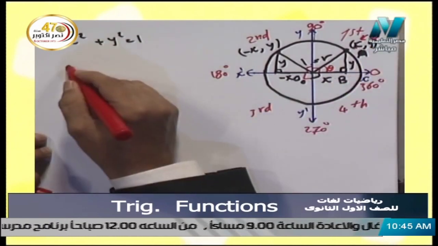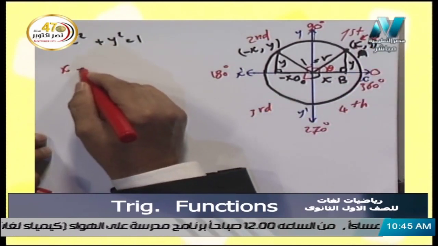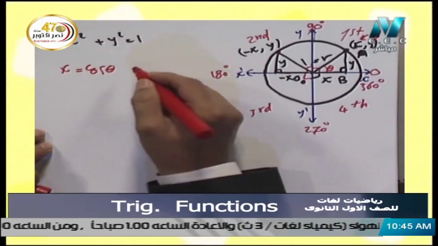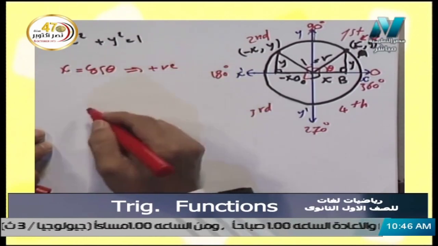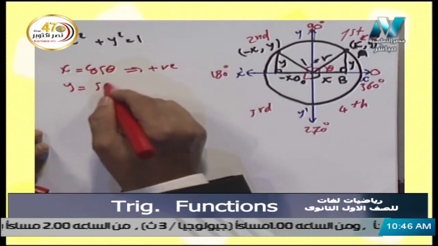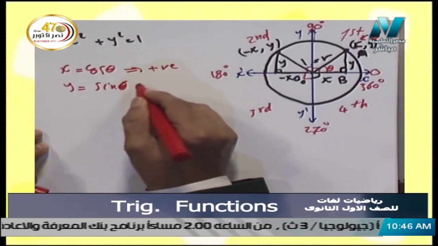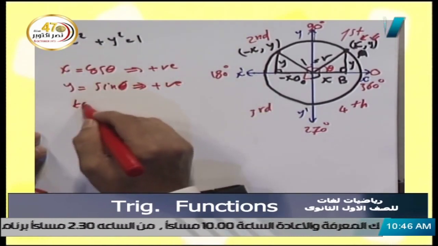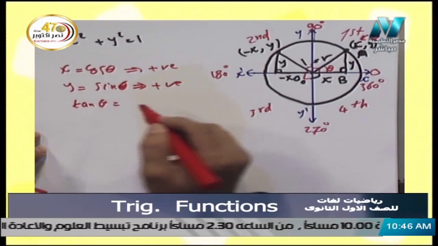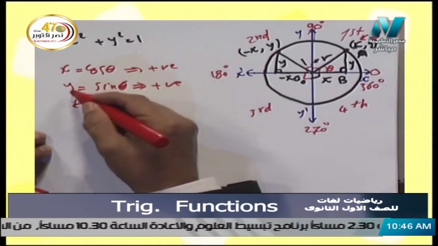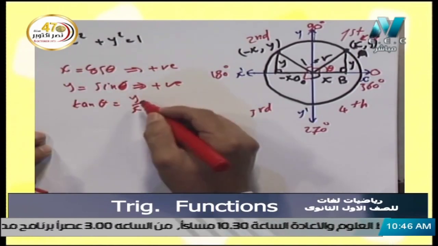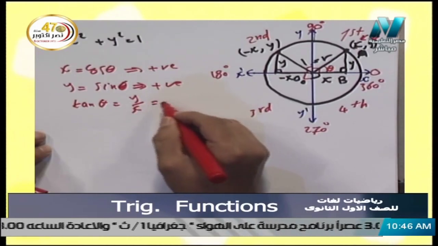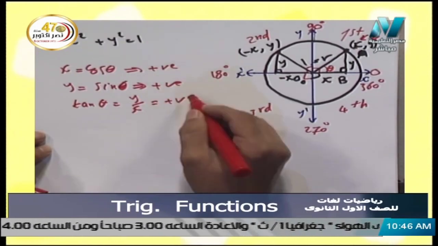So cosine theta in the first quadrant is positive, and sine theta in the first quadrant is positive also, and tan theta, which is sine over cosine, which is y over x, is positive divided by positive, which equals positive.